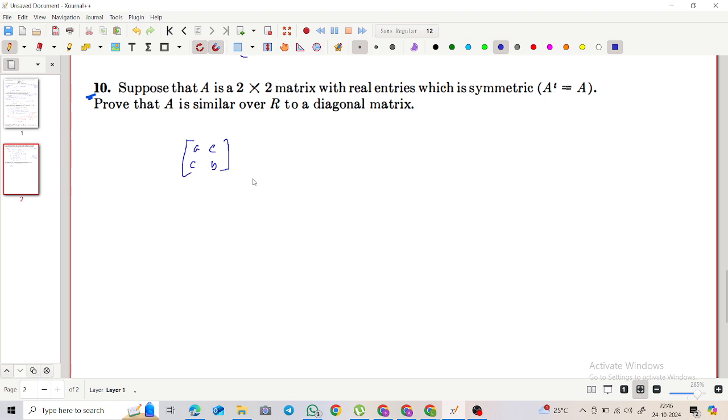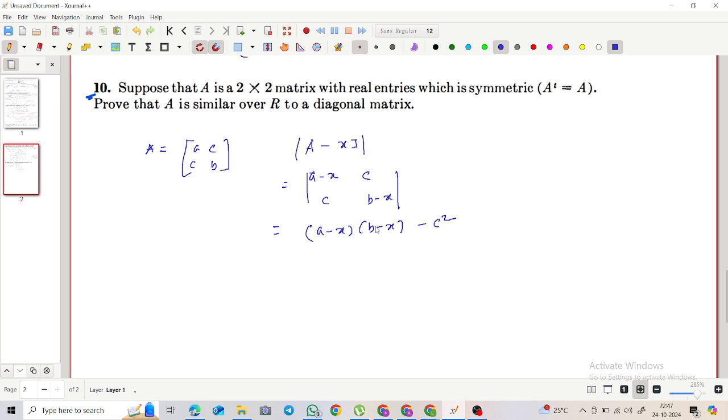What should we do for 11? So let's see what is the determinant of A minus xI. If this is A, then determinant of a minus x, c, c, b minus x, right? What is that?